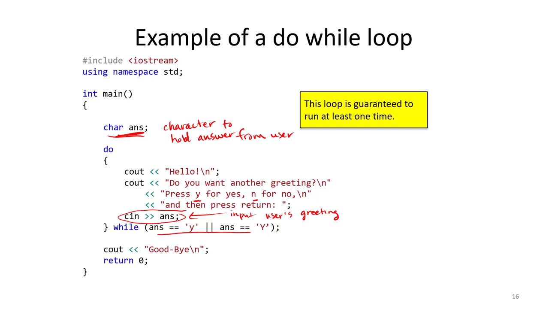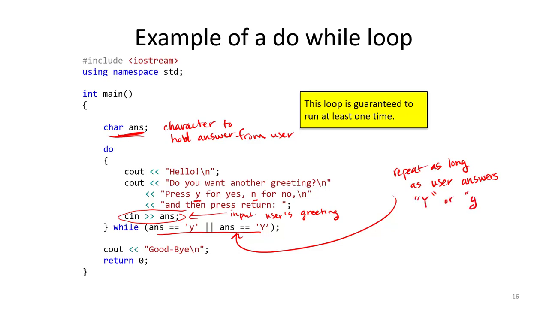And notice here, we repeat as long as the user answers with capital Y or lowercase y. So as long as we say either big Y, little y, we keep running. Otherwise, the loop ends, we get a goodbye.